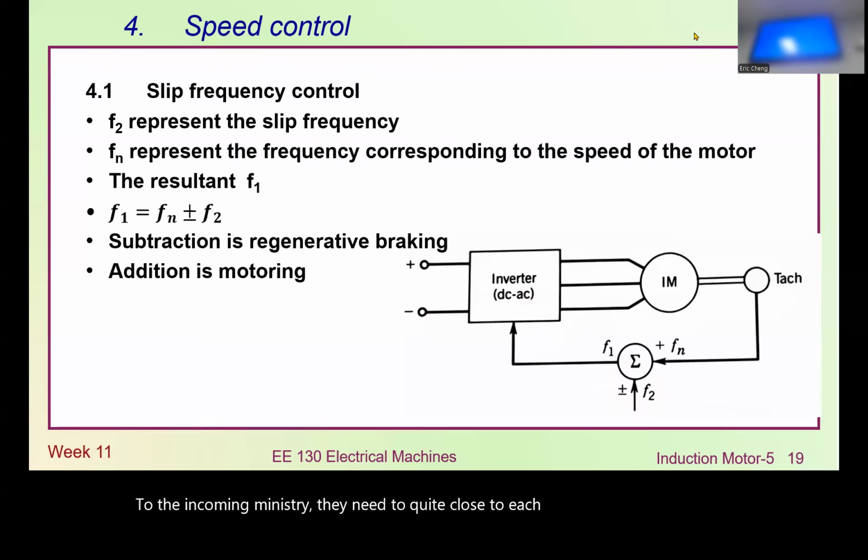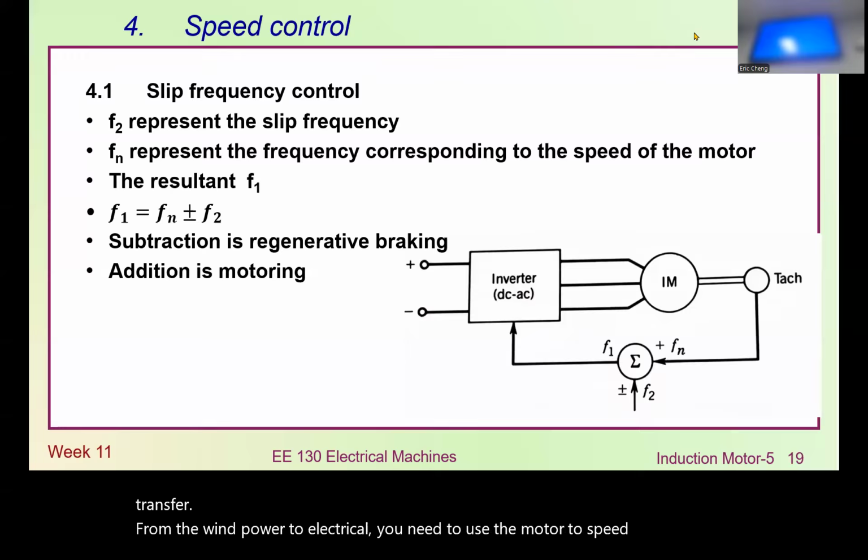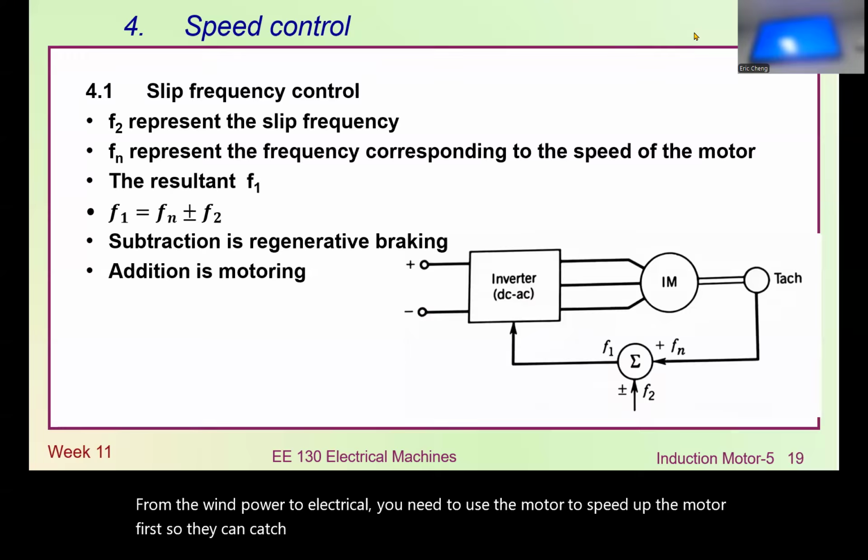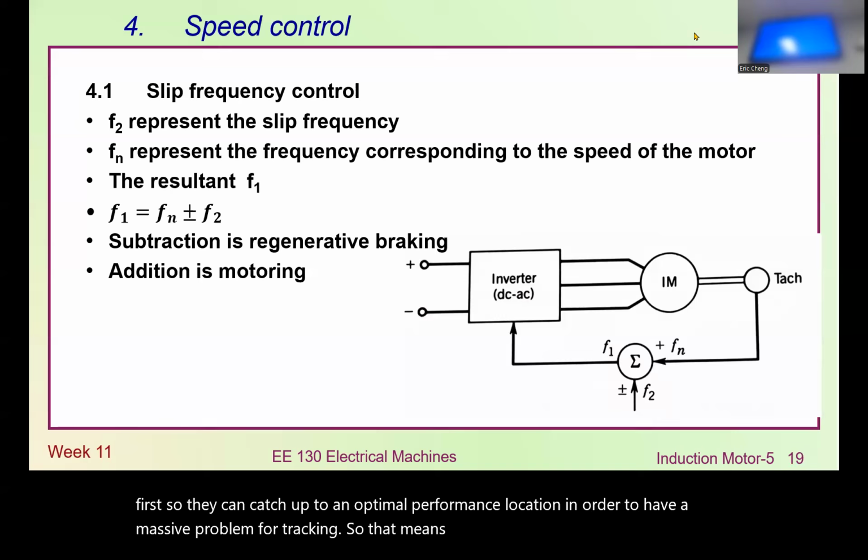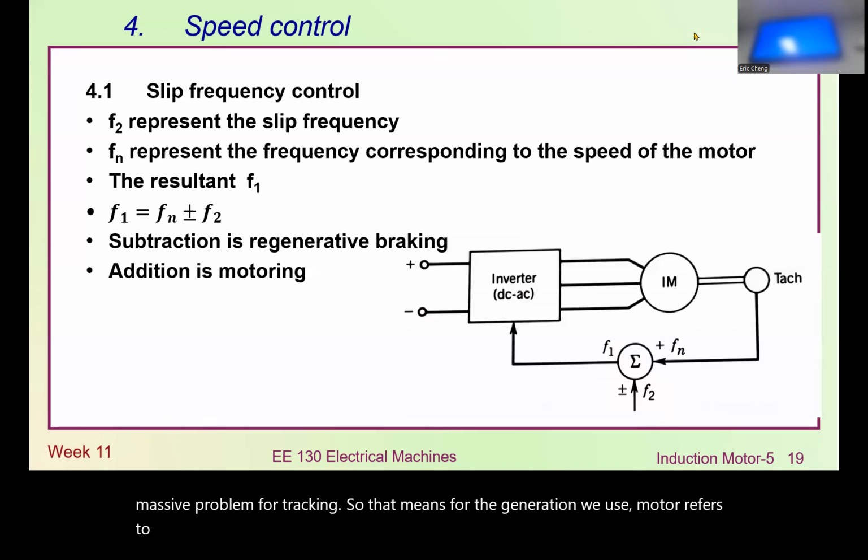So that means if you want maximum power transfer from the wind power to electrical, you need to use a motor to speed up the motor first, so they can catch up to the optimal performance location in order to have maximum power tracking. So for wind power generation, we use motoring first to motorize the motor to catch up with the wind speed, and then you change back into regeneration.